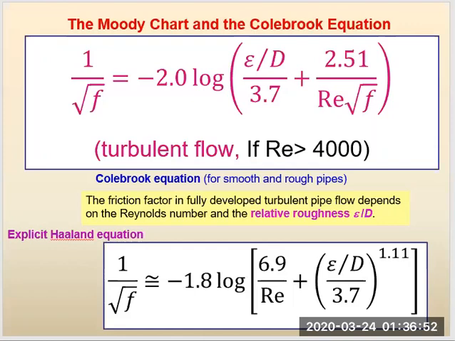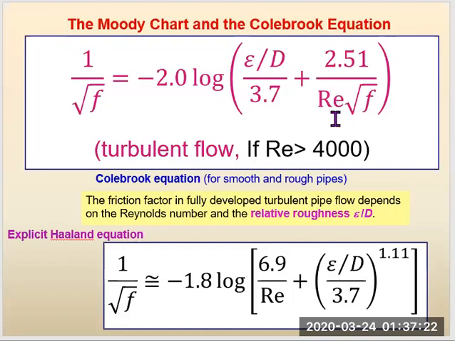Here, our equation is different. It's a little bit more complicated to calculate. This is one of the equations, the Colebrook equation, that we may use. But the problem with this equation is that you have f on both sides of the equation, so you have an implicit form of equation for f.